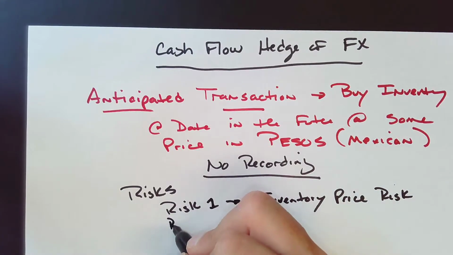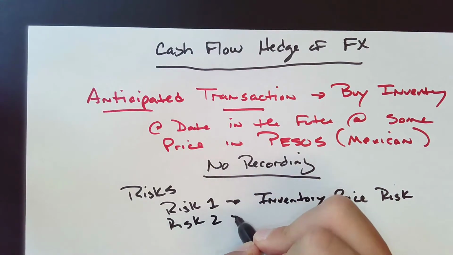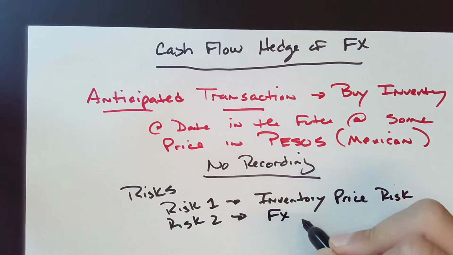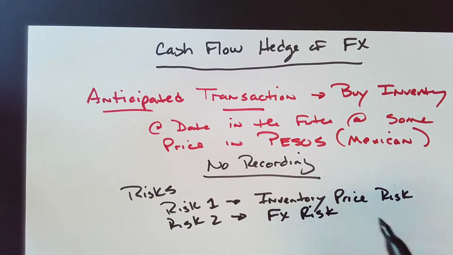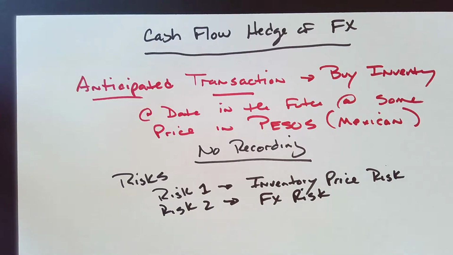And risk two, I've got the FX risk. Very similar to the fair value hedge discussion we had, where we had a firm commitment for a specific price, certain amount, and that price was denominated in a foreign currency.